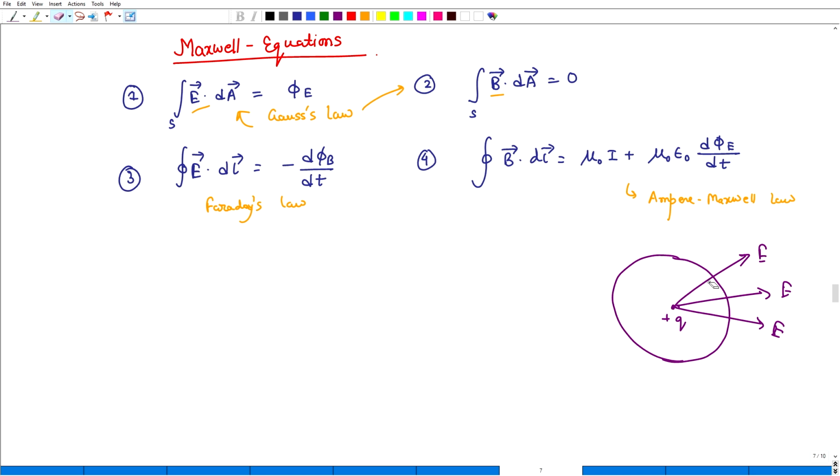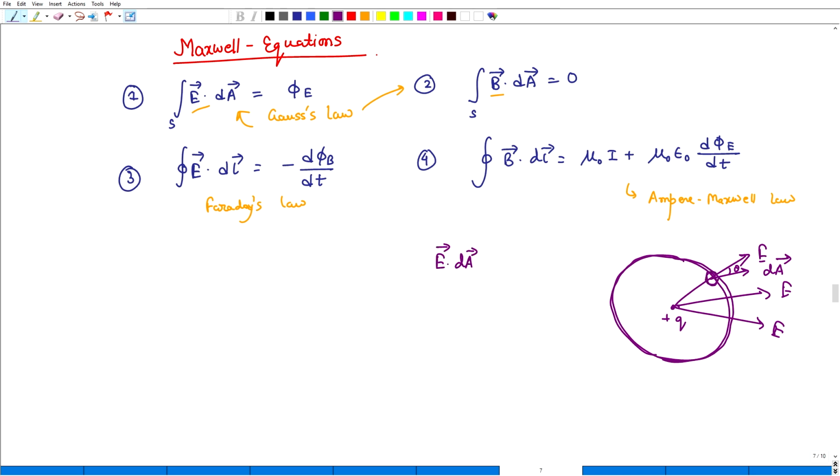Let me take any small surface area, this is dA, with angle theta. Then we can write the flux. Flux means the amount of electric field emitting through the surface of this sphere, that is the surface integral, and that will be essentially E dot dA, as I discussed before.